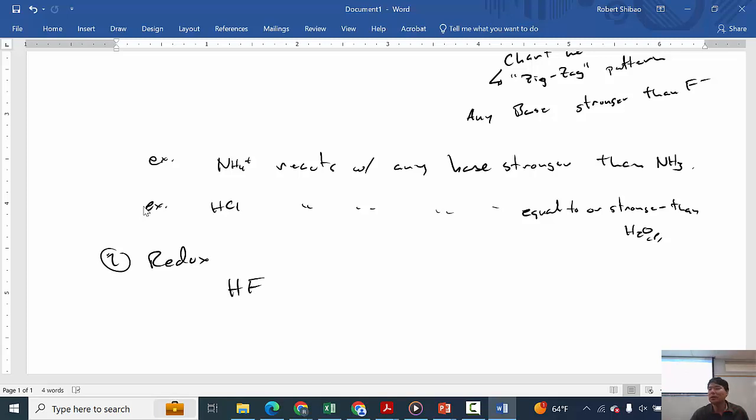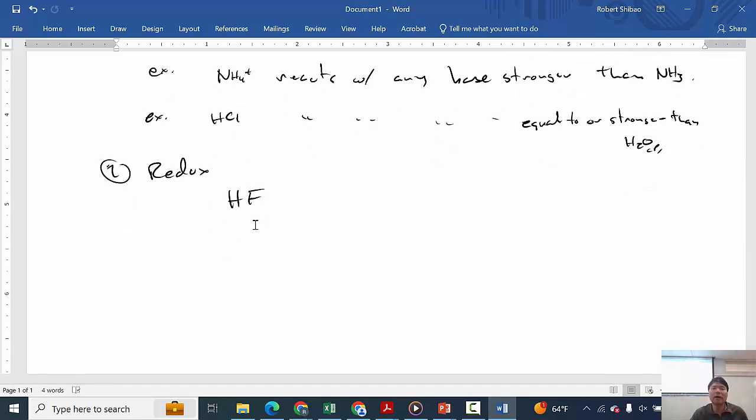If I want to put this on the chart, then I have H plus and fluoride are the components of this. HF is a weak acid, and so it just partially ionizes to these, but these are the components.